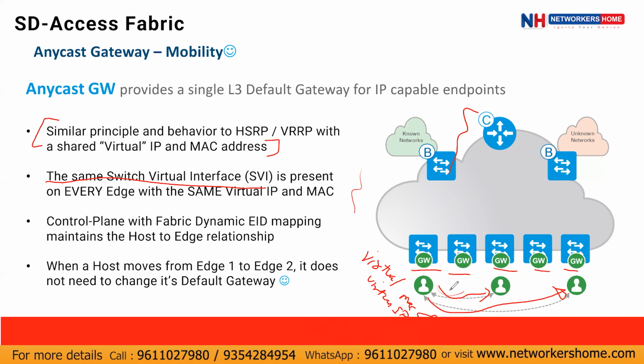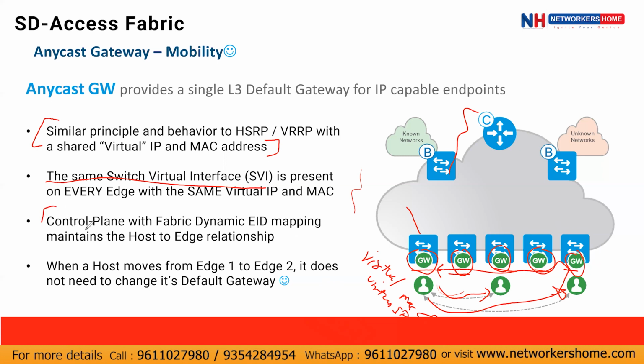Because in traditional networks, if this gateway was present only here, you have to get this traffic to the core switch and then it would get out. But here, it is on every specific edge node.